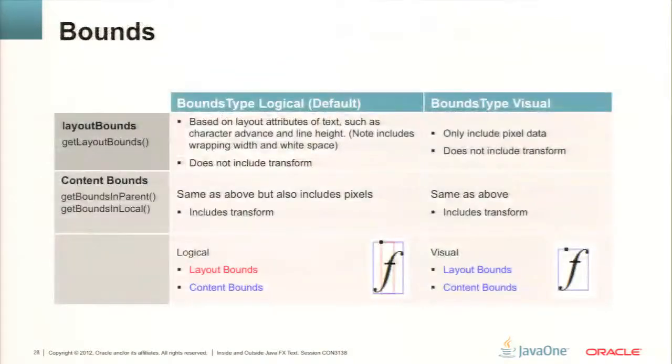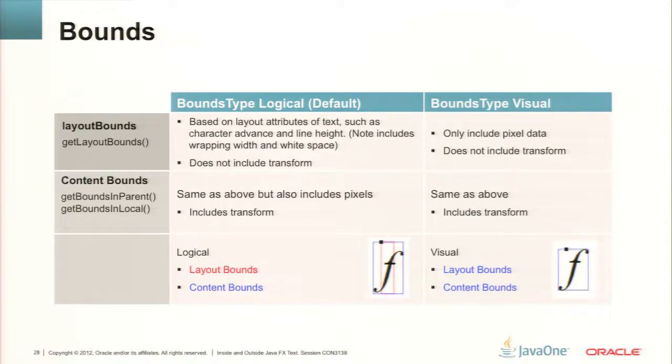But I talked earlier about logical and visual bounds. For most node types, most graphic primitives, you're thinking only of visual bounds, but text has the concept of logical bounds, and it's really the more normal way of thinking about text. So actually, logical bounds is the default. Generally speaking, this gives you some kind of looser bounds, but it doesn't necessarily enclose all the pixels.